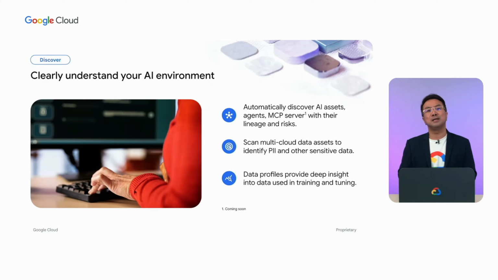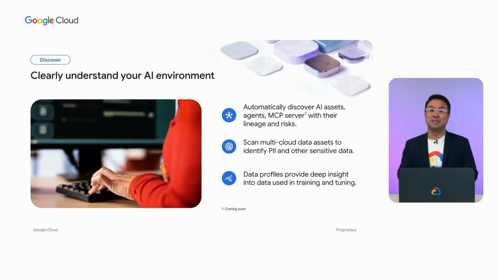Security Command Center automatically discovers all your AI assets, be it your agents, your models, your datasets, across your environment. It builds an inventory so that you can see exactly what developers are spinning up and down. That helps you to eliminate any shadow AI issues and risk by giving you a single pane of glass for your entire AI estate.